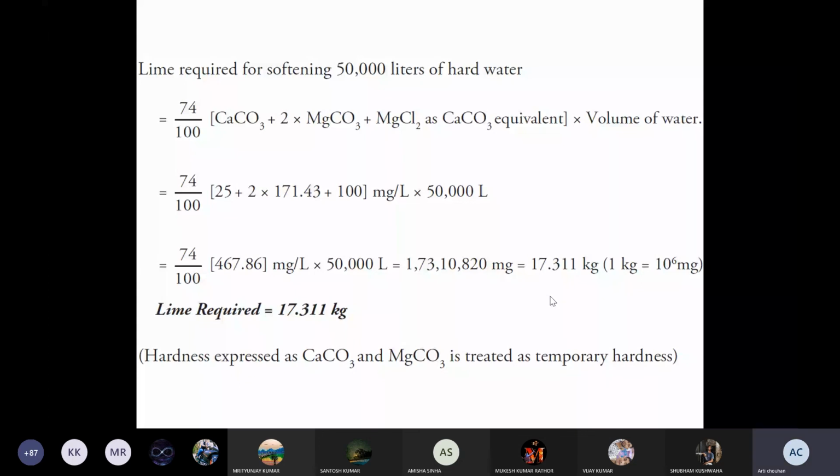Is it clear to all? How to solve that particular type of numerical based on the lime and soda technique? Yes, ma'am. Okay, these are very simple, but the thing is, most of the time the students make mistakes. First, they are not actually converting in equivalent of calcium carbonate.